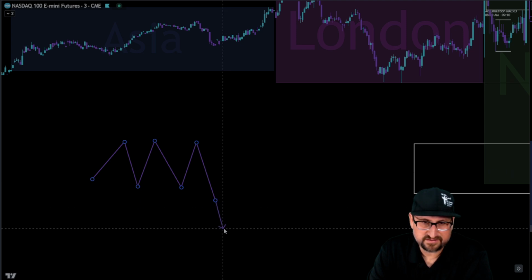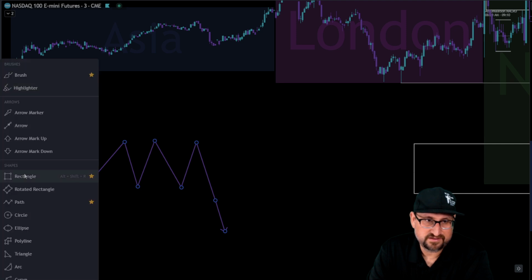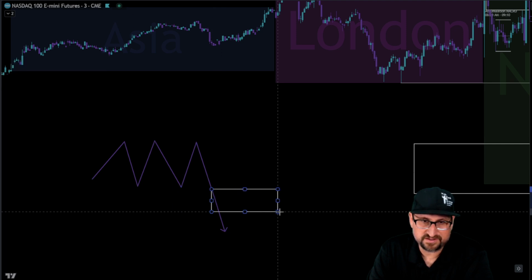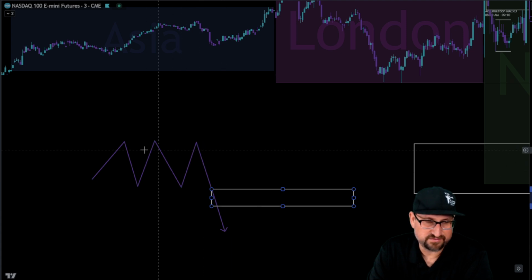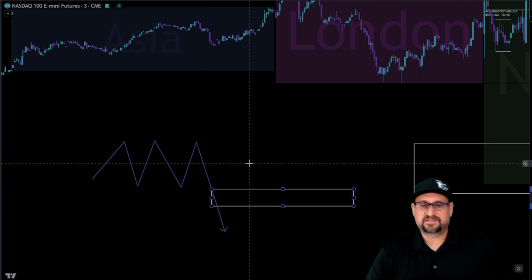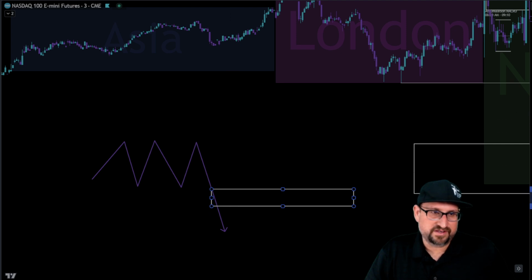That's not what displacement looks like. Displacement looks like this. And normally the displacement, this is huge. Normally the displacement is going to create fair value gaps outside of this range that was created. So that's another way you can confirm displacement, make sure that we have it. And then what can we expect from that?